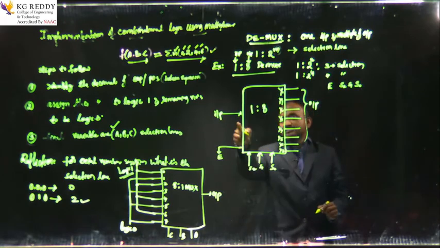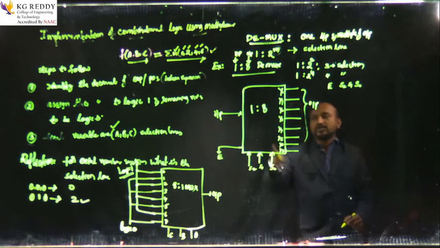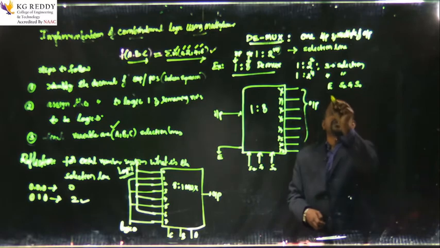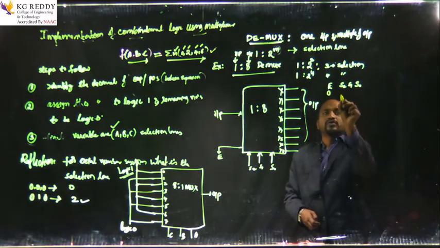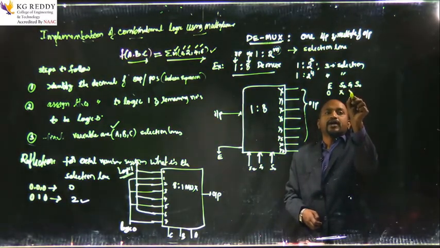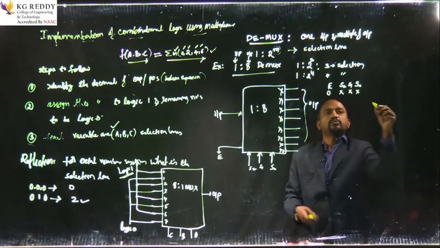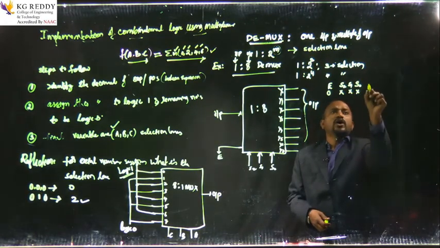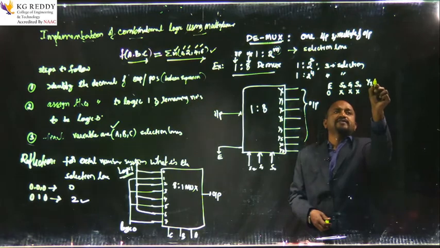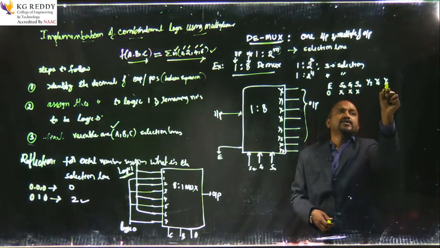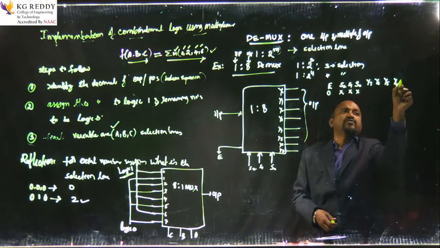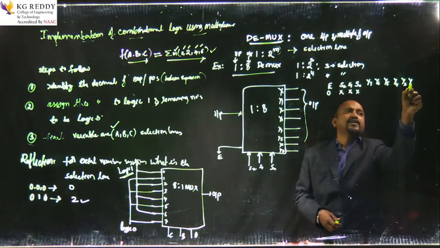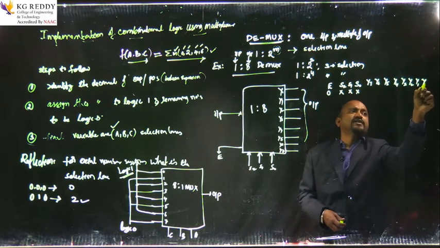By these selection lines, we will select one output among these. If the enable bit is 0, irrespective of the selection lines, the output goes to 0. The outputs are Y7, Y6, Y5, Y4, Y3, Y2, Y1 and Y0.